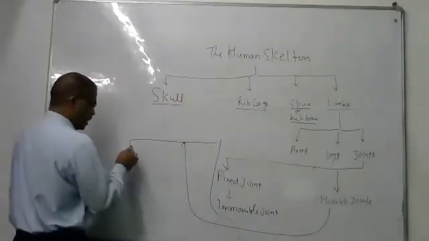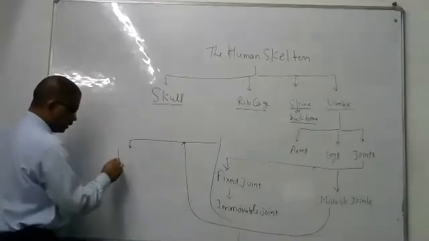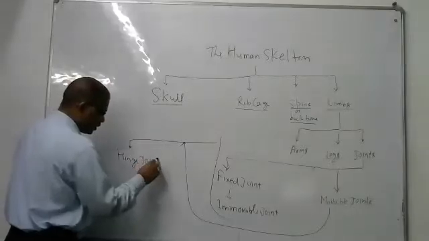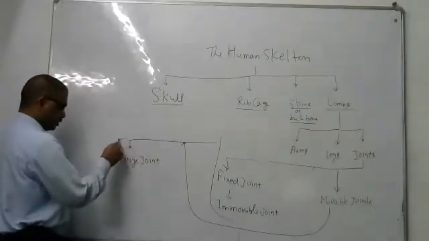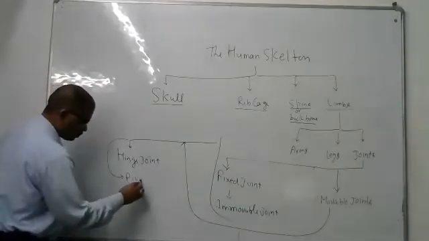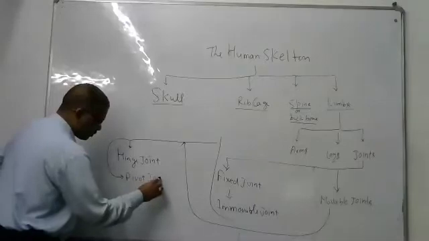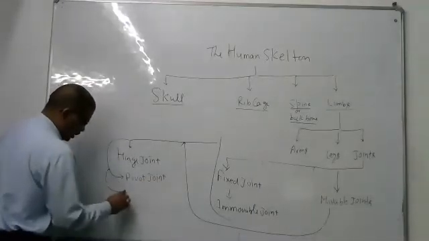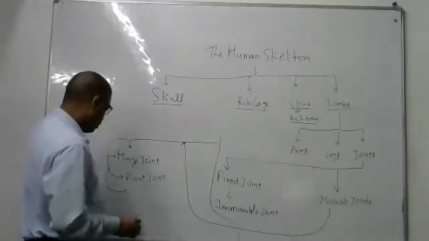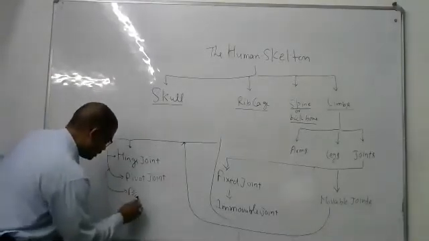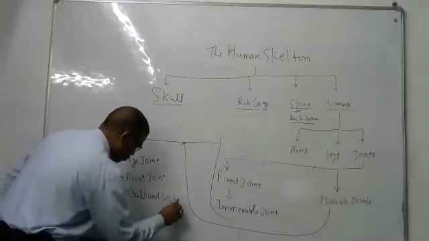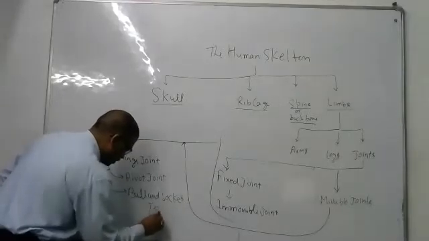The movable joints are hinge joints, pivot joints, and ball and socket joints.